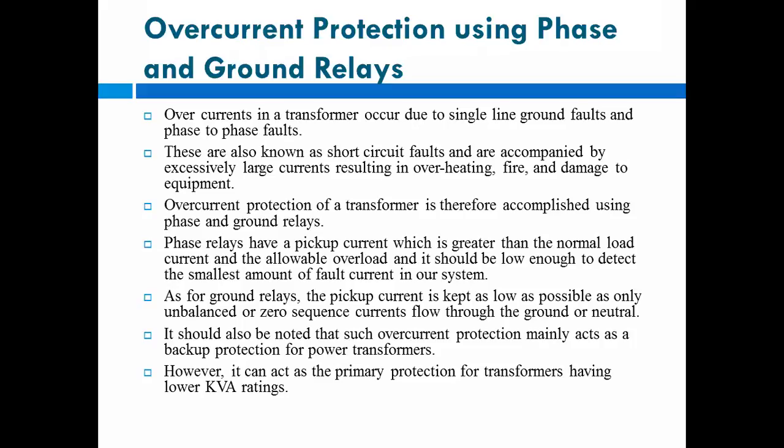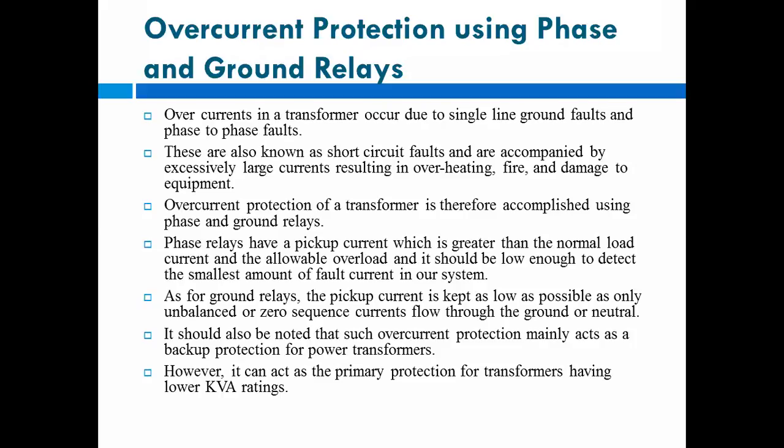Means when that much current is flowing through the transformer, that time your transformer is under normal working condition. But if such faults occur, then the current will increase beyond this pickup current, and your relay will start operating. Okay, your relay will start operating.